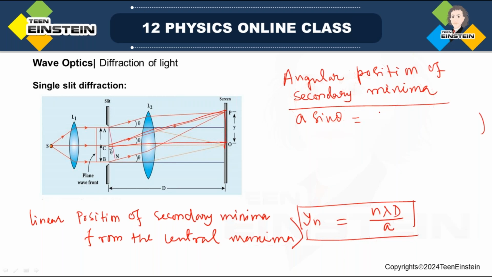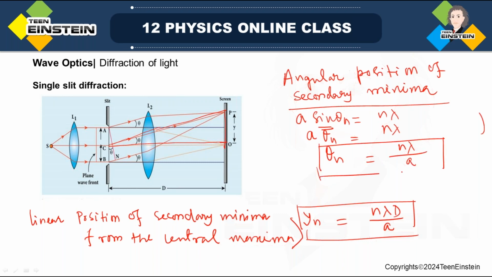I am just going for the general formula. If this angle is theta, and theta is very, very small, then I can write sin theta nearly equal to theta, right? So I can write from here, theta n will be n lambda by a. So this is the angular position.